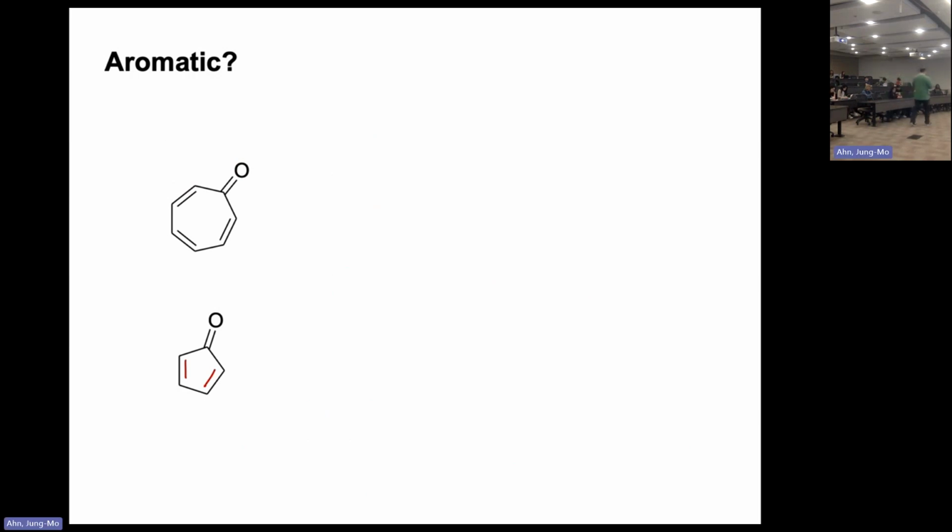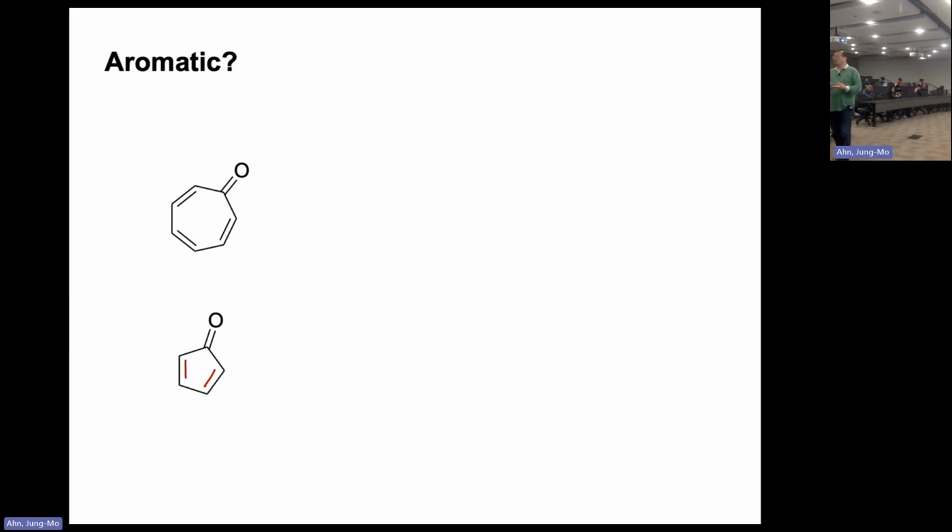Now we are seeing a 7-member ring, not a 6-member ring. In the 7-member ring system, this carbon is definitely sp2 hybridized, because it's part of the carbonyl. Every carbon in the 7-member ring is sp2 hybridized, and then it's sort of flat. So we can say it meets the first 2 rules of aromaticity.